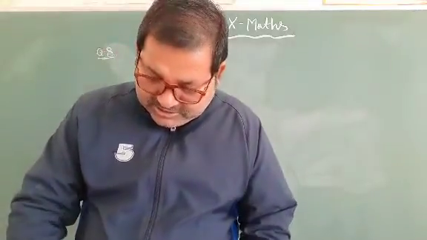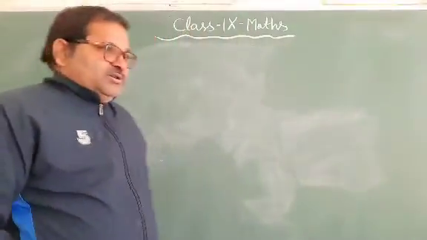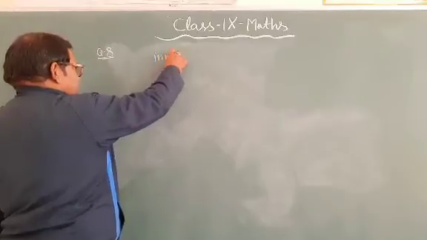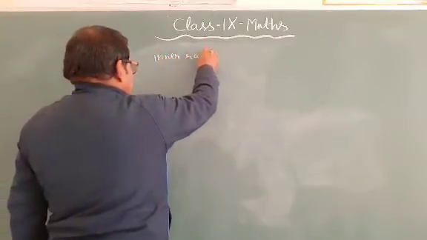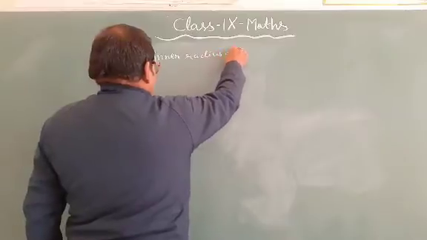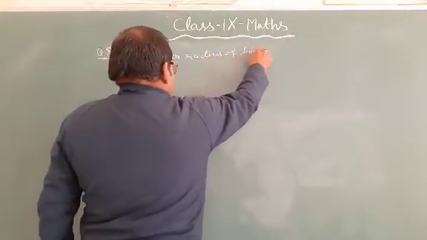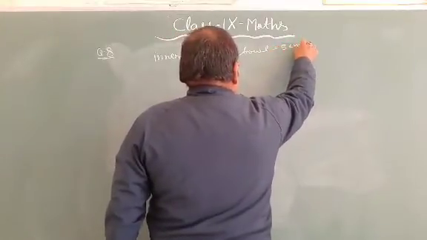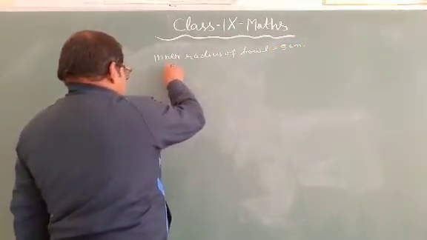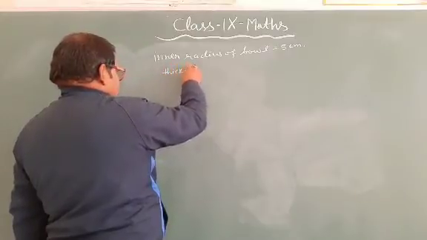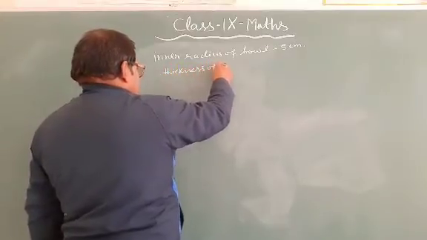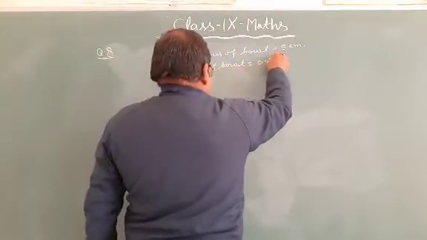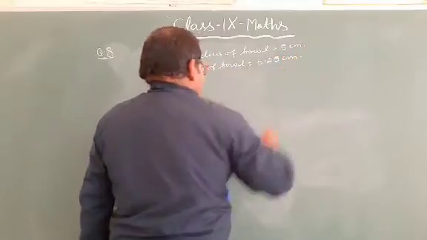The inner radius of bowl is 5 centimeter and thickness of bowl is equal to 0.25 centimeter.